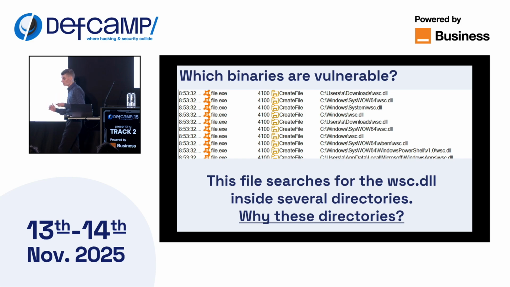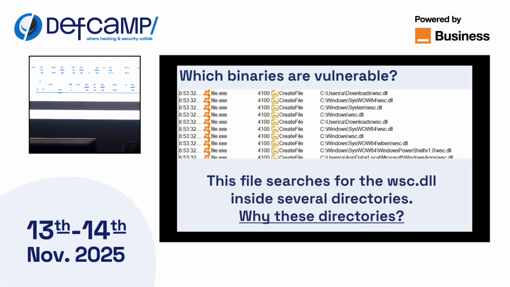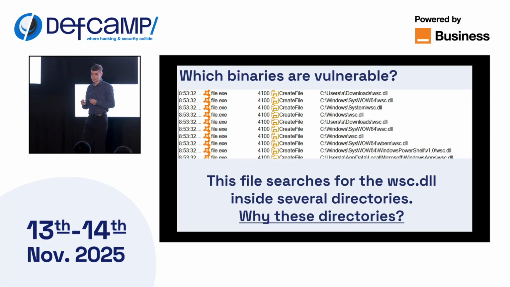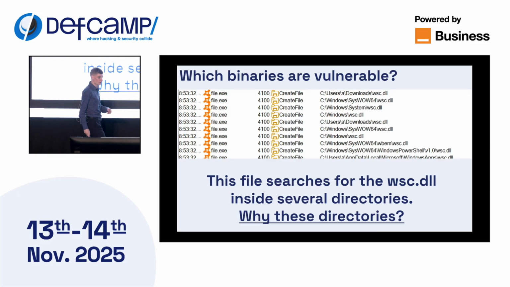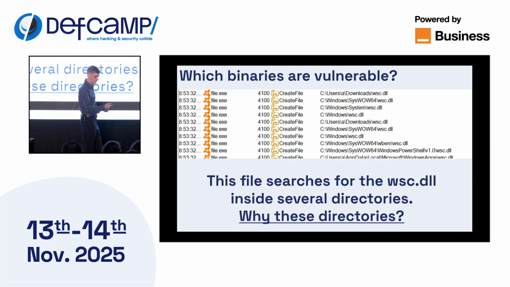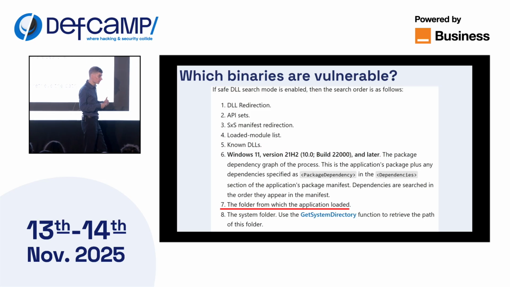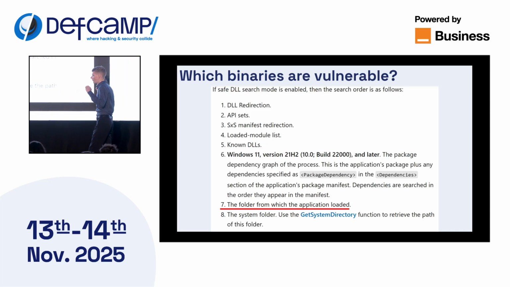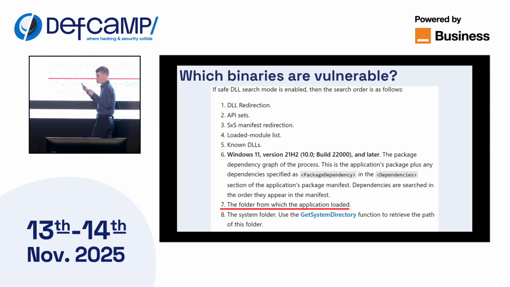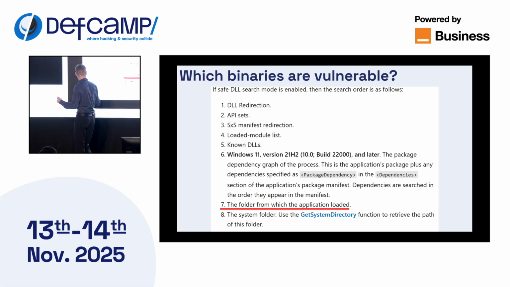We just saw that while loading this DLL, Windows tried to locate this library, wsc.dll, inside several directories. Let's try to find out what these directories are. If we search the Windows API documentation, we can find the order in which DLLs are searched when they are loaded.